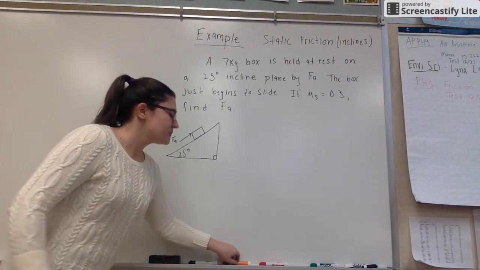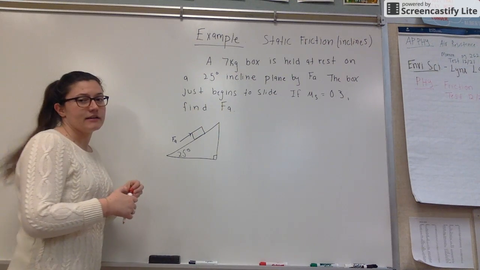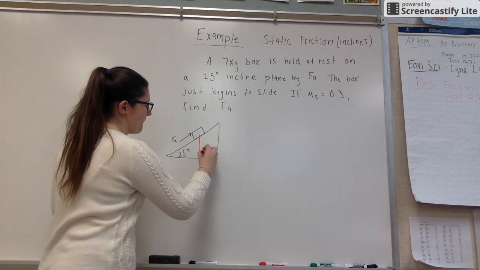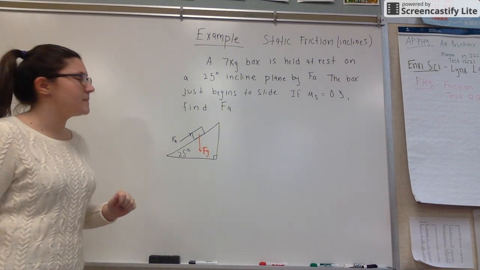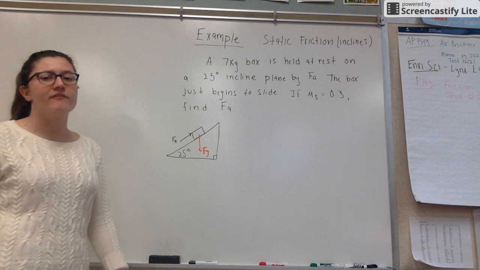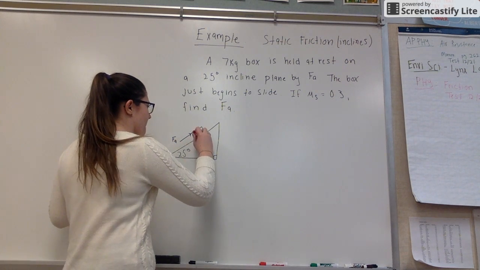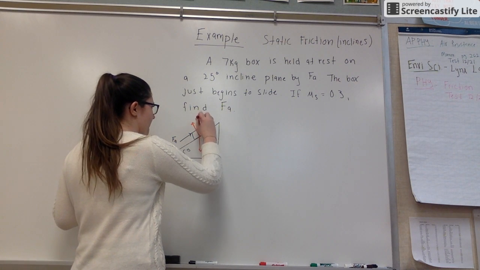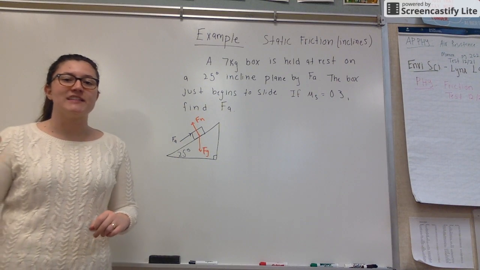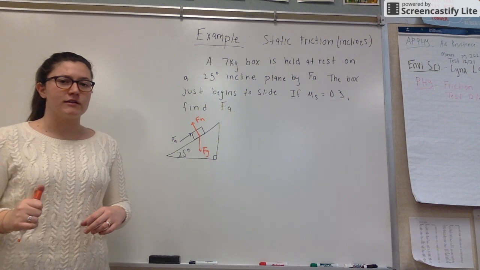So acting straight down on our object here is going to be the force of gravity, F sub G. Perpendicular to the surface, meaning two 90-degree angles with the surface, we have the normal force. We have the force of friction, which is opposite the applied force.